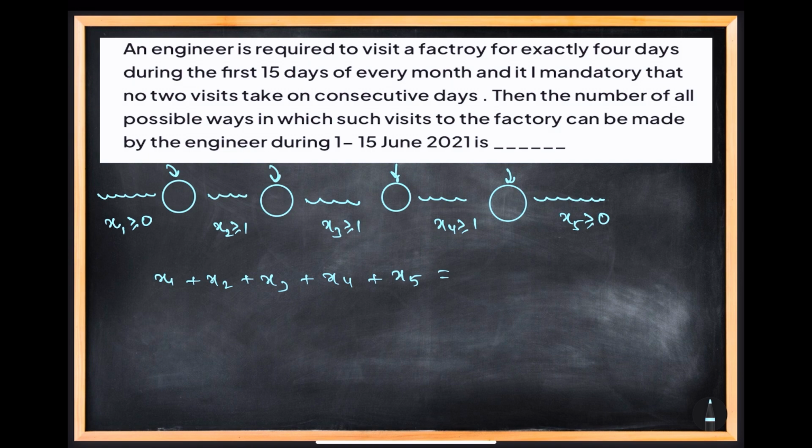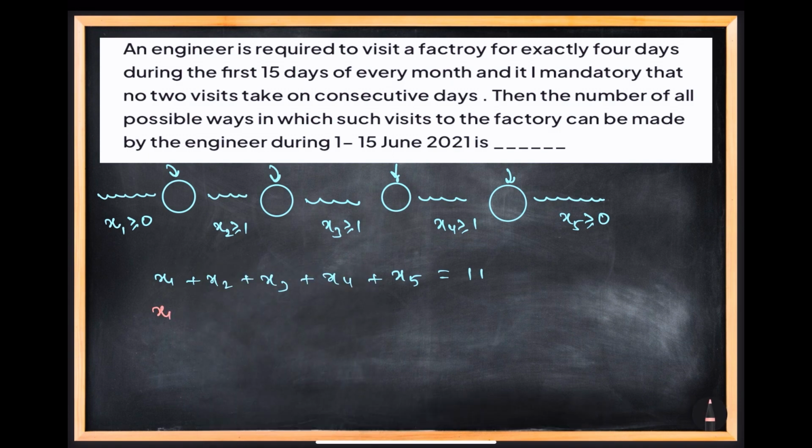and we have to distribute 11 identical objects to these 5 variables. Now do you feel that this is your comfortable zone? No, it is not, because here 0 is not allowed everywhere. For x1, do you think you have any problem? No, you don't. x1 can take 0.